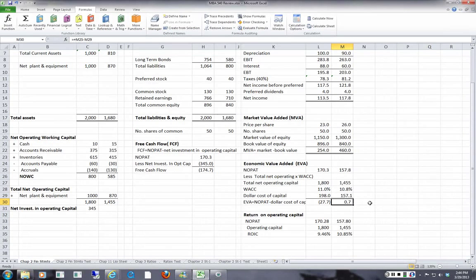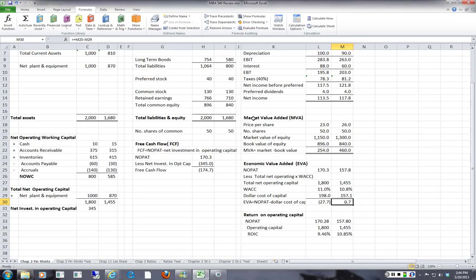Or, if we say this is in millions, I think you can get the gist of what I'm saying. So that's EVA, economic value added. In 2010, the intrinsic value of the firm was devalued just a little. In the preceding year, it went up just a little, but it's about a wash.